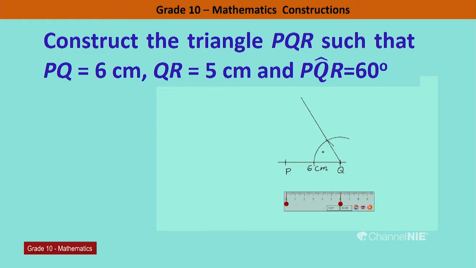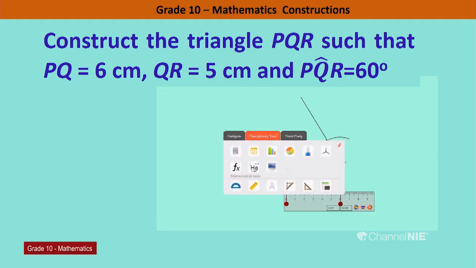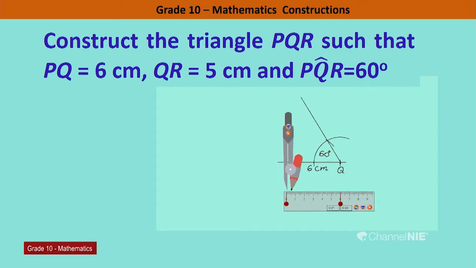Somewhere on that line R should be located. Let us find the point R to complete this triangle. It says QR is 5 centimeter. Let us measure 5 centimeter using compass. Keep the steel point on 0 and measure 5 centimeter using ruler. Let us construct an arc.